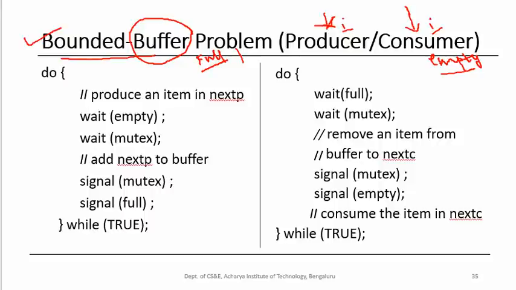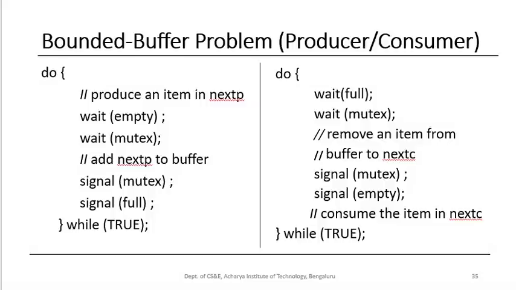Here we'll slightly modify the solution which we had already discussed. We force the producer and consumer processes to acquire a lock before accessing this bounded buffer, right?